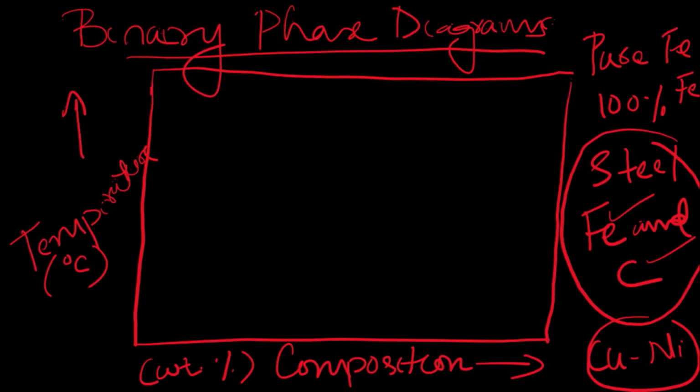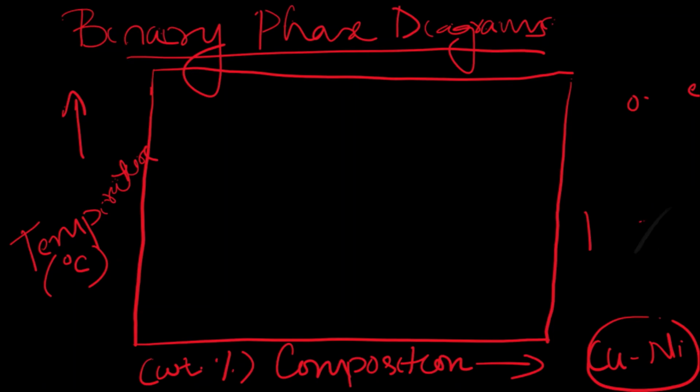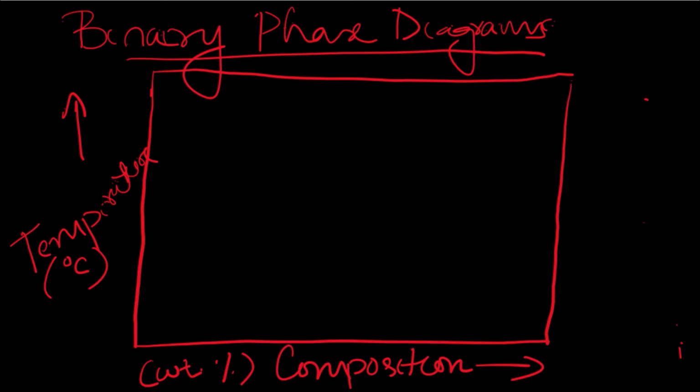Okay, so we will see how we will draw a binary phase diagram. Suppose we have a two component system, as I said earlier, mainly composed of two elements, just like copper and nickel. Right now I will take two elements.